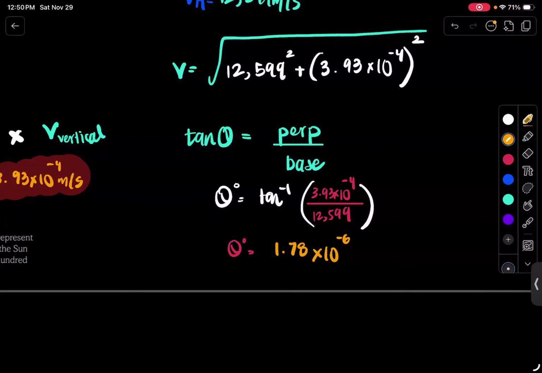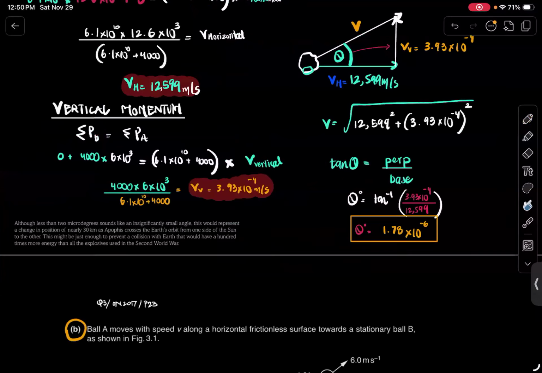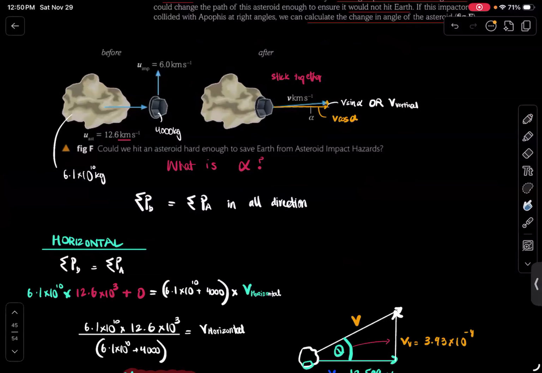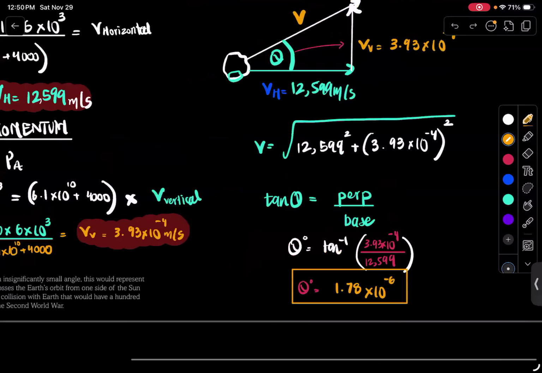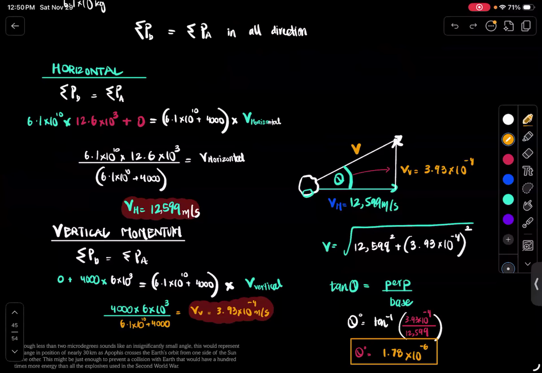This is how much trajectory you can change by shooting it at this speed and with this mass. So if you shoot it at a right angle, it's going to collide like this. But how much is it going to change its trajectory? Its angle is only going to change by 1.78 into 10 to the power minus 6. Okay, so that's how you figure out by how much the trajectory changes.